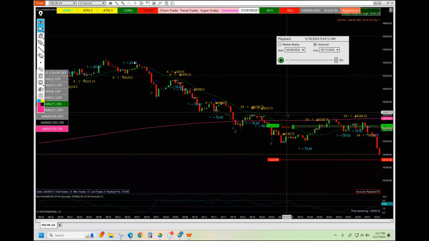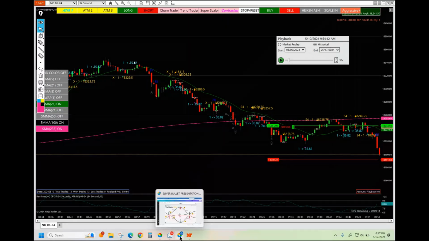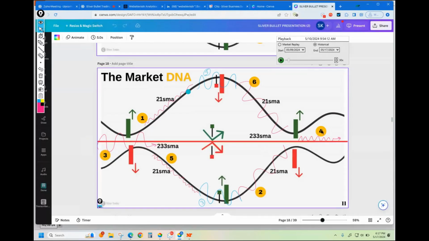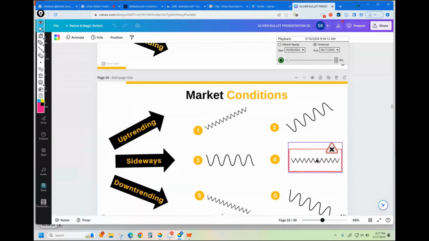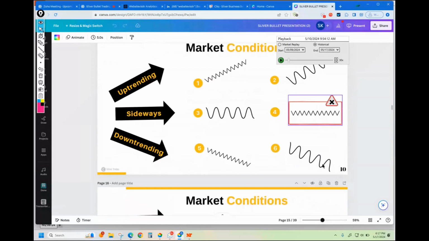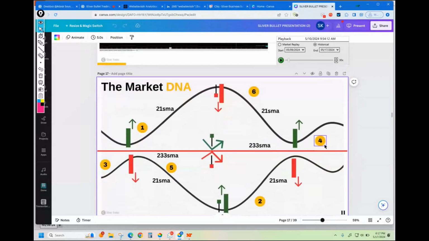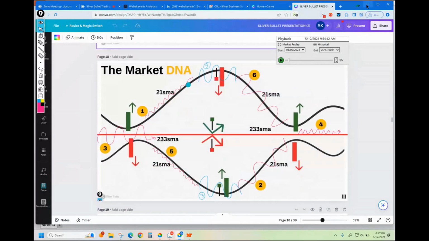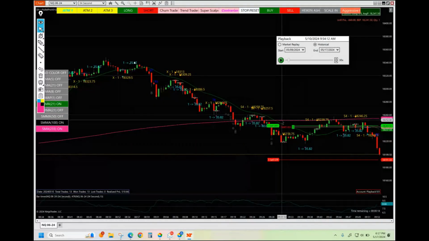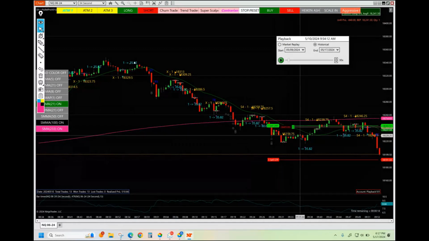And if you remember, I have always emphasized to avoid market condition number 4. Market condition number 4 should be avoided. And this is market condition number 4 here. And we are in market condition number 4, but I did not avoid.